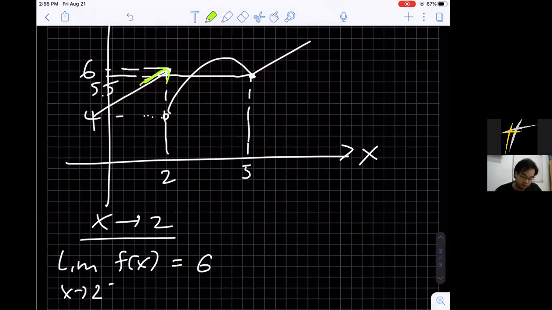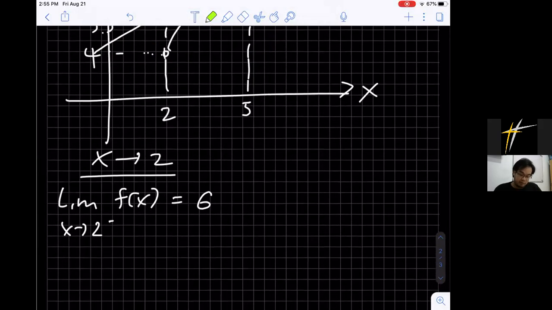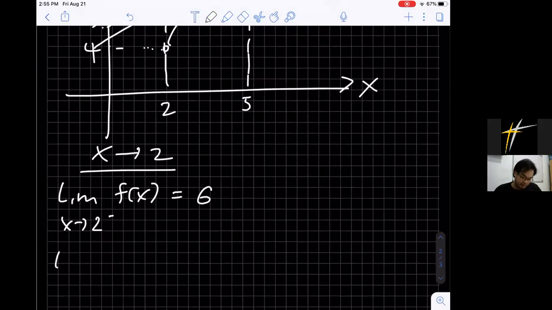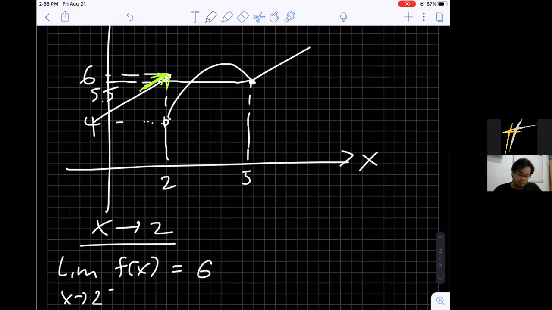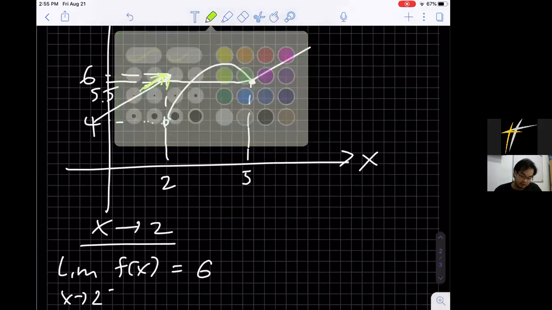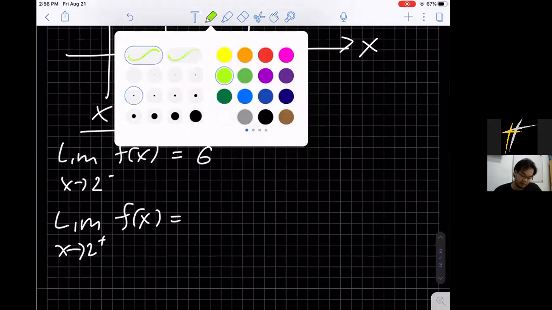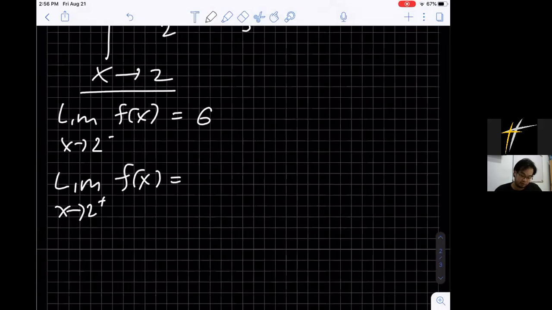So it's approaching 6. But when you see it approaching from the right side, it's approaching 4. So we say that the limit of f(x) as x approaches 2 from the right is 4.